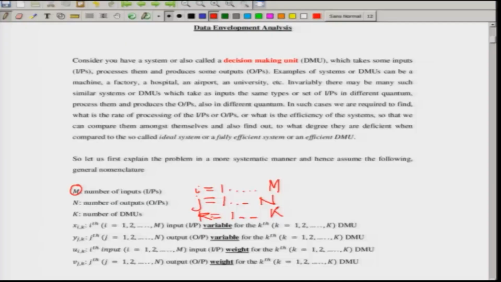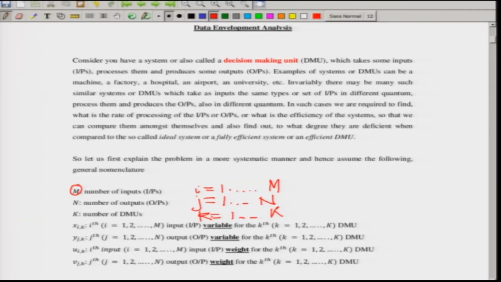Or if you follow the policy where the first subscript denotes the DMU, then y11, y12, y13, y14, so on and so forth, where the first number 1 denotes the DMU and the next number 1, 2, 3, 4, 5, 6 denotes the output. And obviously the outputs, inputs and DMUs are bounded by the maximum numbers N, M and K.